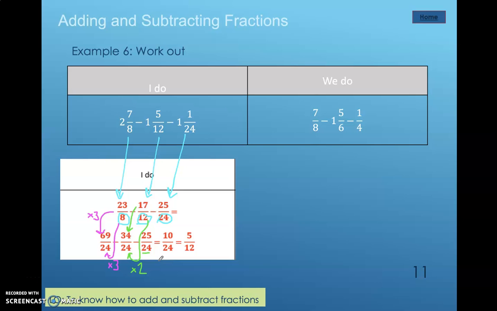So that can stay as is. So then we just take away the numerators. So we have positive 69, take away 34, which gives us positive 35. 35 over 24, take away 25, gives us 10 over 24. And then what we're doing is we're dividing by 2 to simplify. So if you can copy that down and then spend 2 minutes trying to solve the we do.